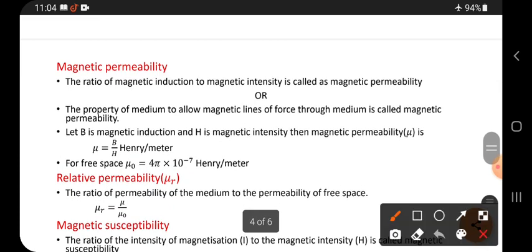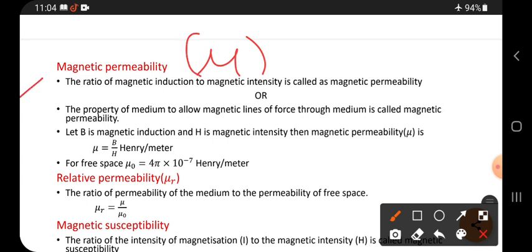Next, magnetic permeability. What is magnetic permeability? It is denoted by mu. The ratio of magnetic induction to magnetic intensity is called magnetic permeability.